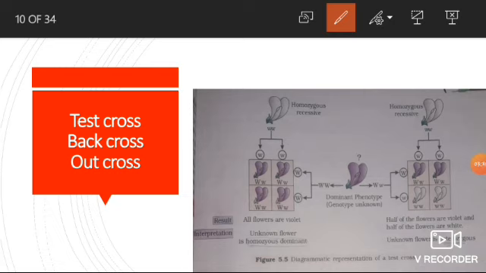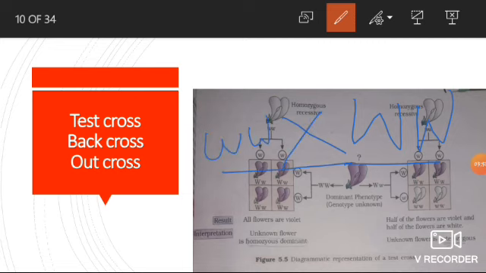Now you can see in this diagram, this is the dominant phenotype, that is violet color. But we don't know the genotype of this flower. So if we consider this dominant phenotype is shown by the pure dominant genotype, it is crossed with the recessive parent.